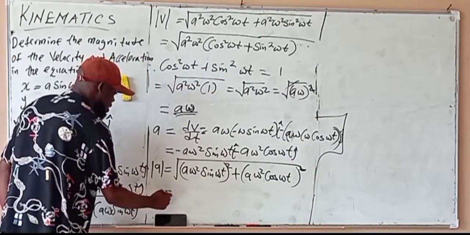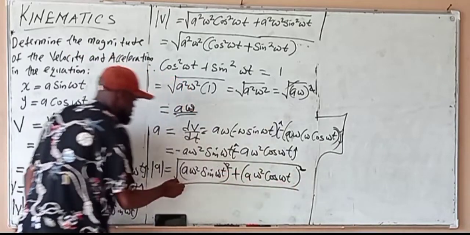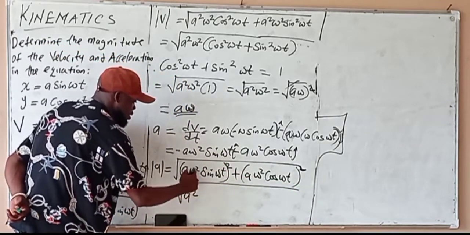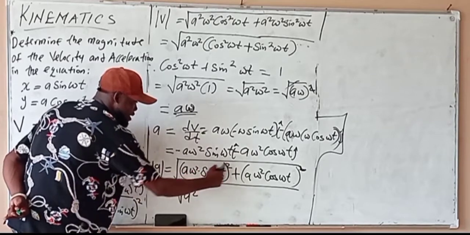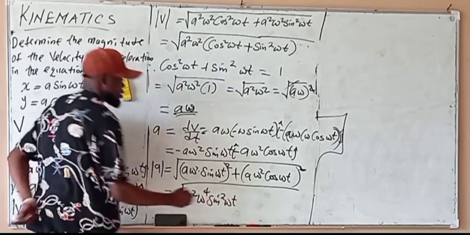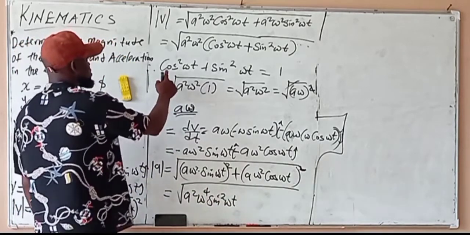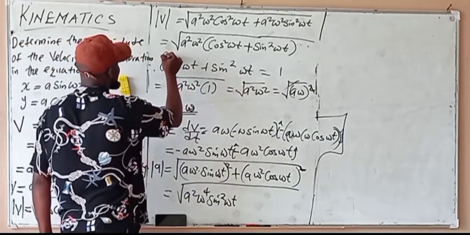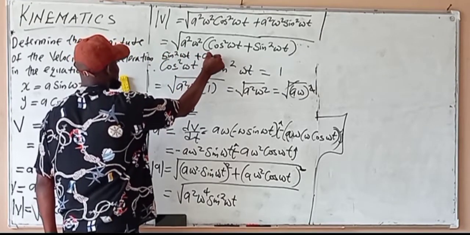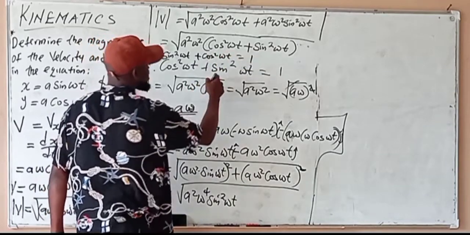Just follow me. I'm going to have A square plus A square, W square, then 2 times 2 gives us W to the power 4, sin square WT. Take note of this one. Sin square WT plus cos square WT will still be 1.